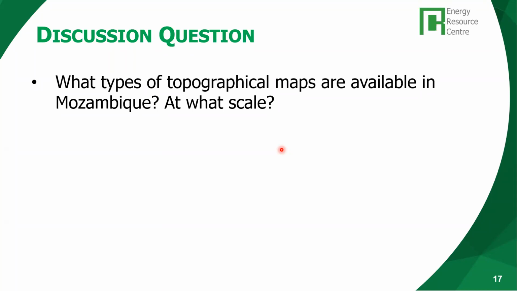Scale is 1 in 250,000. I think it's big. So we use tools like GIS and QGIS to have scales for the project. The consultant normally uses the GIS tools and QGIS.